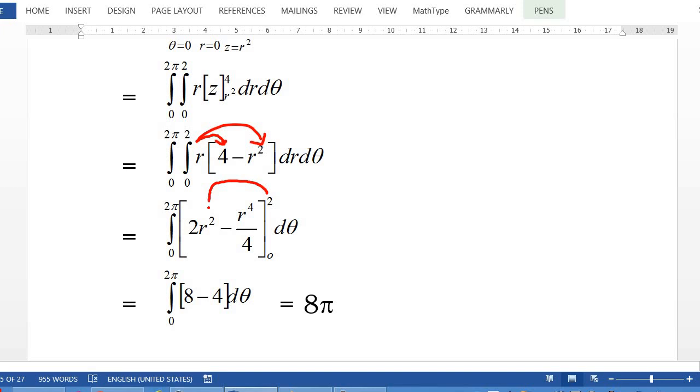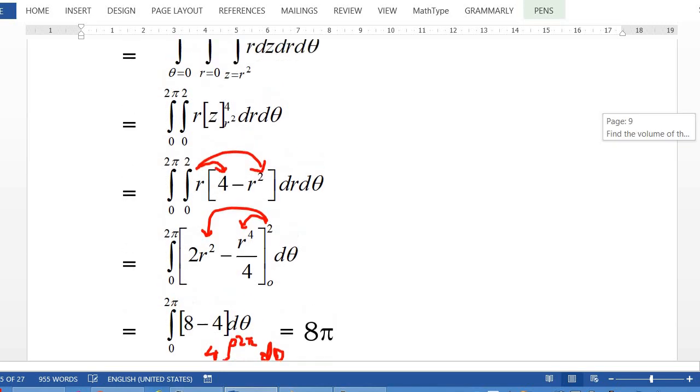Plug in the limits, the lower limit gives 0. So you have here 8 minus 4, or 4. Lastly, you integrate 4 with respect to theta from 0 to 2 pi, which gives 2 pi. So the total answer is 4 times 2 pi, which is 8 pi.